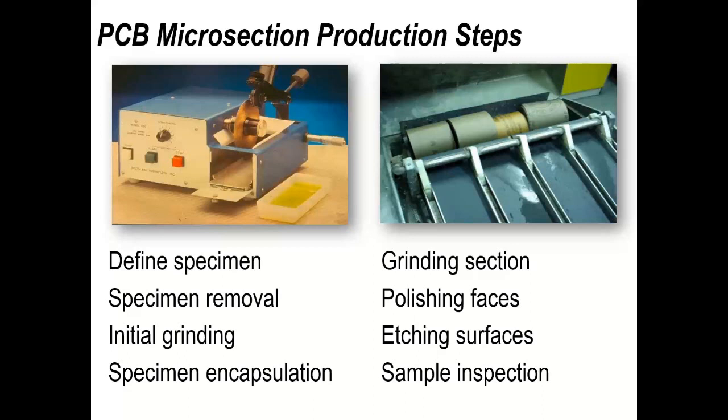Equally, if you cut it up inappropriately, you might damage and actually introduce defects into what you're examining. So the key thing always is to make sure you're separating the board way away from the area of interest, and you want a technique that minimizes the possibility of any damage to that area. So you might be using a grinding wheel, you might be using a circular saw as shown in the photograph, or you might be using another technique.